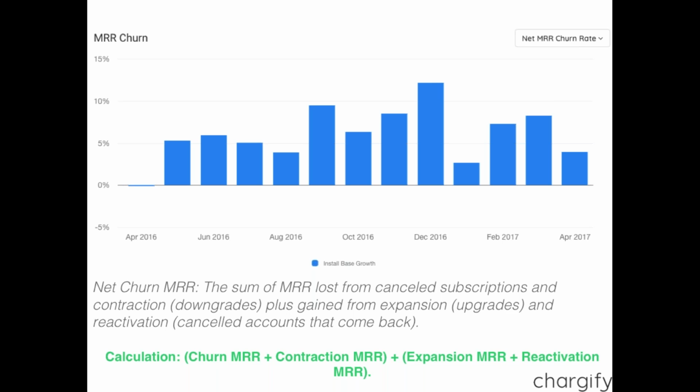Essentially what it's saying is that your customers are growing in themselves. Maybe they're deciding the value of your product is better at a higher price point, and they're continuing to upgrade. They're not churning at a rate that affects the expansion in a negative sense. They can also be negative. You'll notice that in April we had a negative MRR net churn rate.